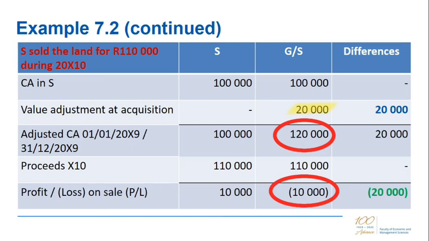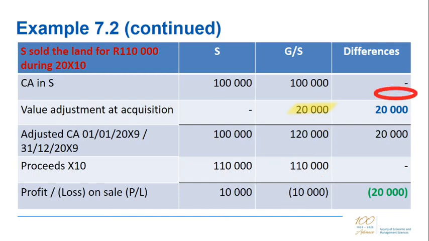Please note that there cannot be a difference on the proceeds line. That represents actual cash received in the bank account of S. That cannot change. So we've identified differences for the 20,000 Rand at acquisition date, and in the current reporting period, a 20,000 Rand difference on the line profit or loss on sale of asset.